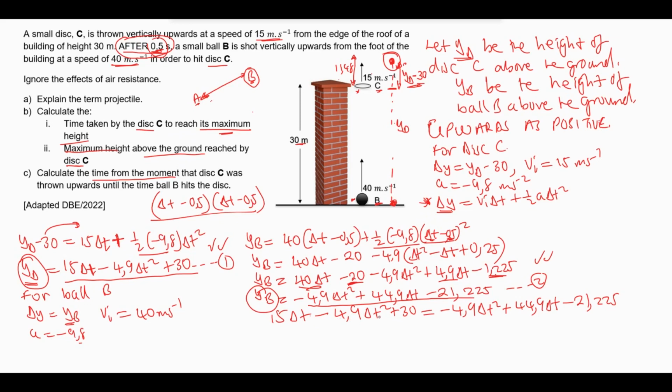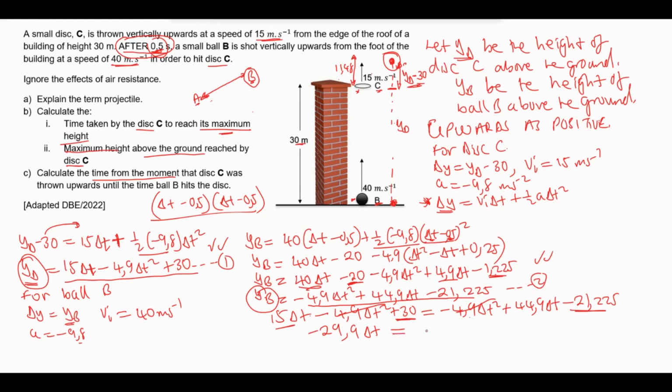Negative 4,9 delta t squared, negative 4,9 delta t squared, they can subtract each other out, right? Then 15 delta t minus 44,9 delta t will give us negative 29,9 delta t. Then 30, if you bring it this side, is going to be negative 21,225 minus 30.